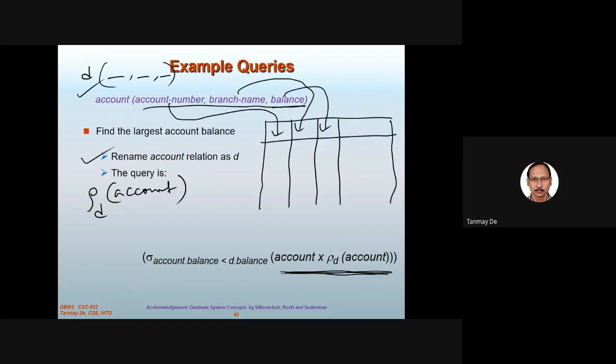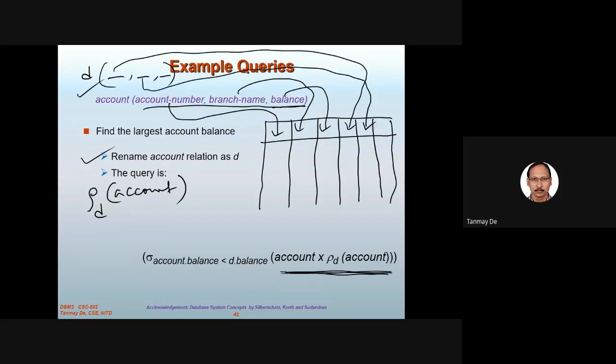This one is the account number, this one is the branch name, this one is the balance.